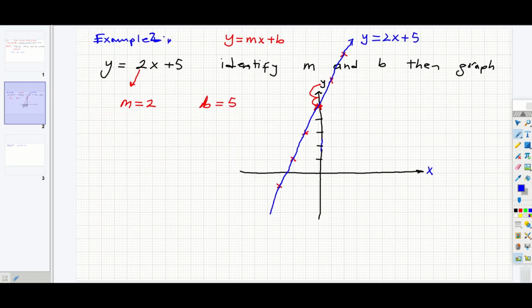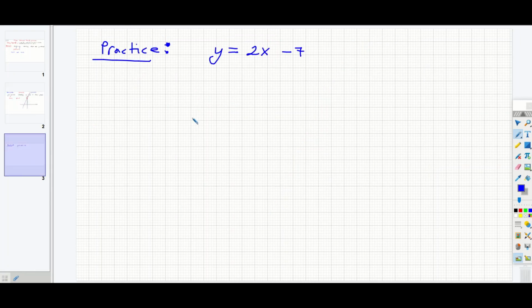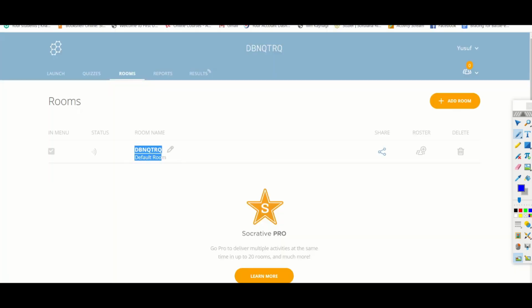Then we practiced on this question, 3x plus 5, another question, and your question, and I will wait for your answers from socrative.com.